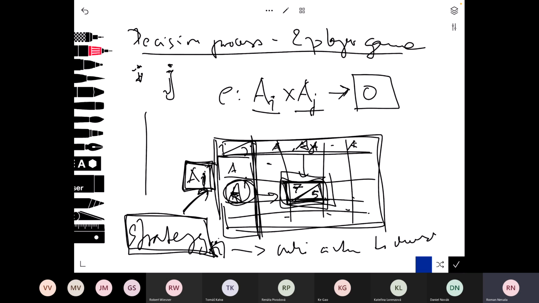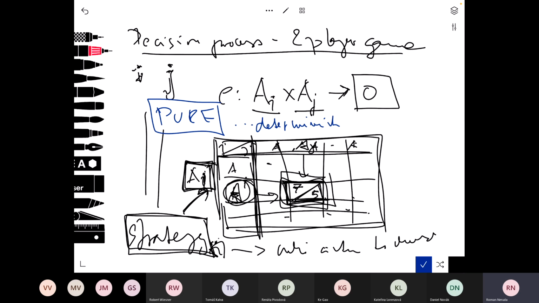The basic notion of this is worth mentioning: these are the so-called pure strategies. It's a notion from the 50s, and it means the strategy is deterministic.